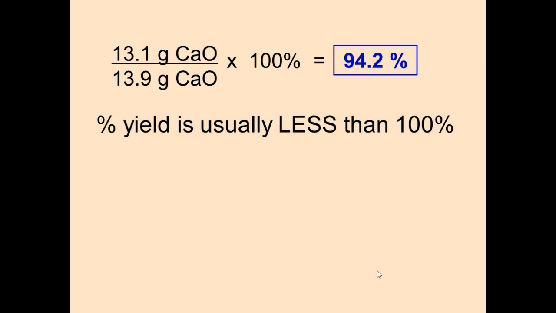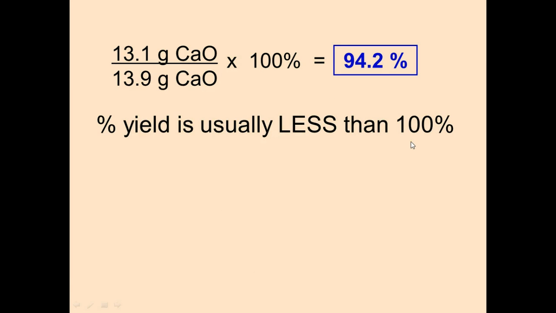An important point to know is that percent yield is usually less than 100. Because we're in the real world, not all the particles might react. Maybe the temperature affected the reaction, so it reacted less. That's why we get numbers usually smaller than 100%.